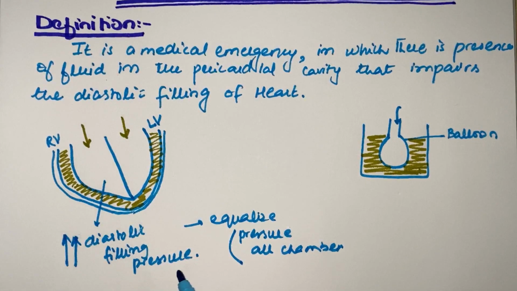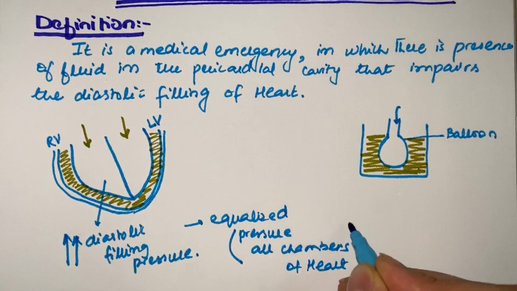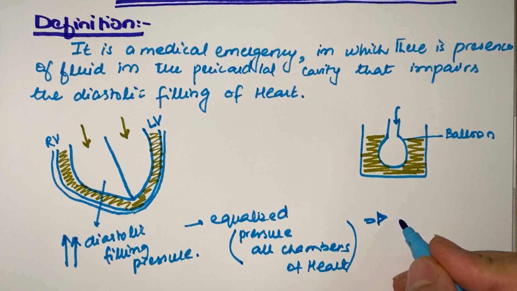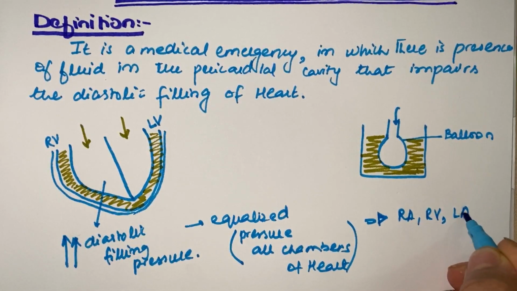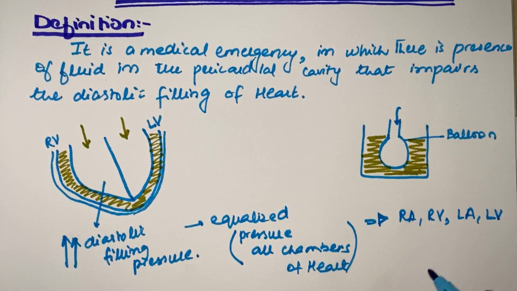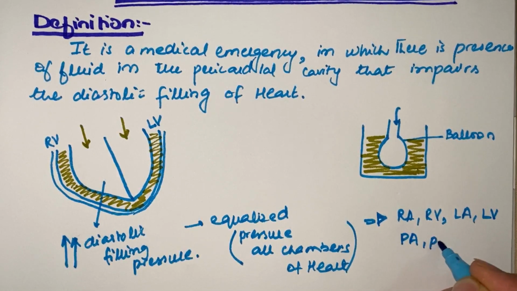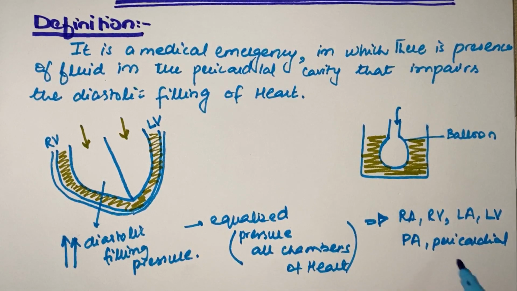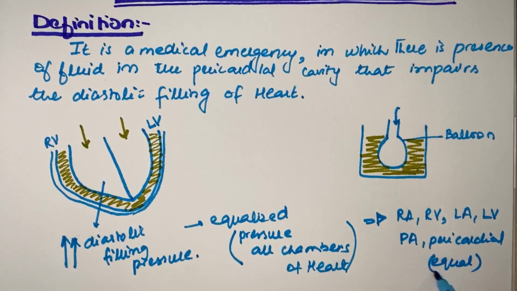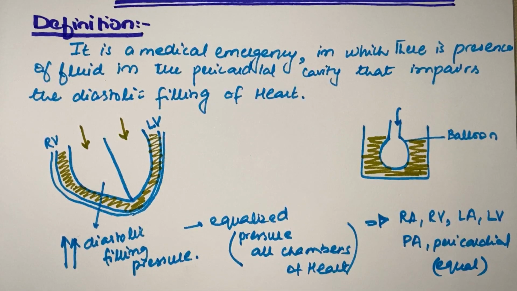Now this increased pressure is equalized within all chambers of the heart, and as a result the pressure of all the chambers, the right atrium, right ventricle, left atrium, left ventricle, the ejection system, that is the pulmonary arteries of the right ventricle, plus the intrapericardial cavity pressure, these are all now equal. This is a characteristic feature that occurs within cardiac tamponade. So this is the thing that has occurred in the disease.